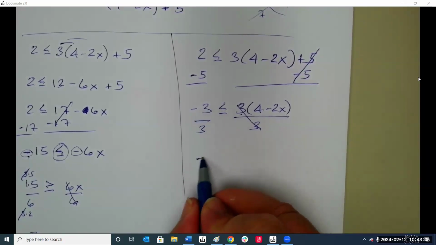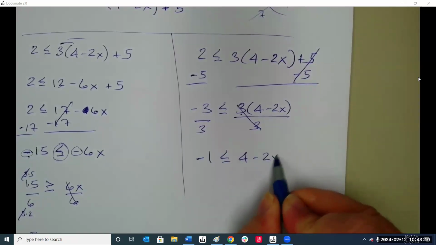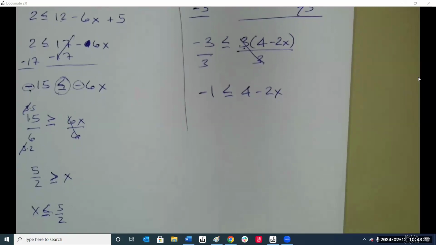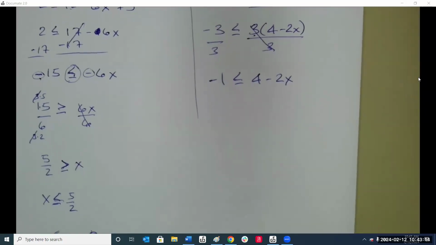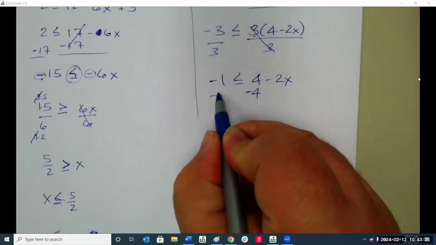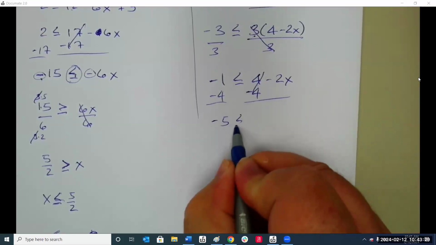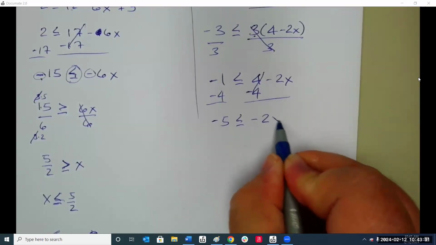Negative 3 divided by 3 is negative 1. Then we get rid of the 4. Negative 4. So that makes it negative 5 is less than or equal to negative 2x.